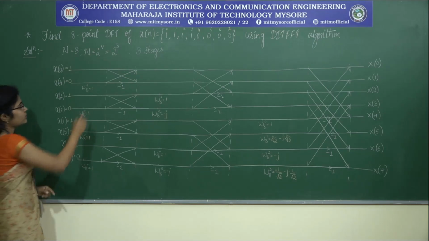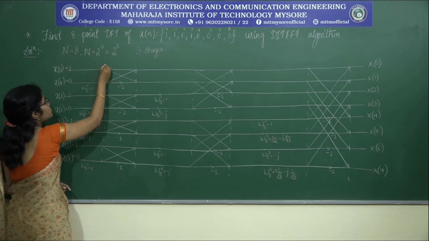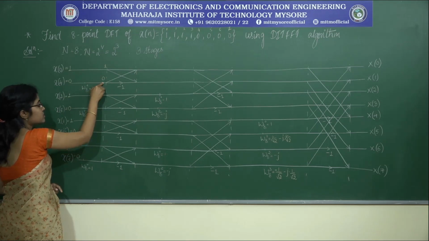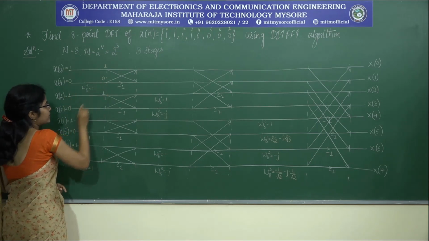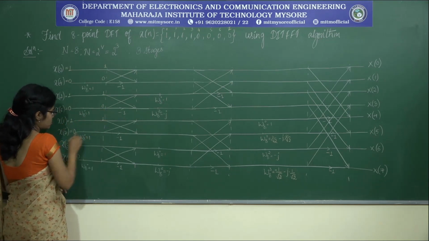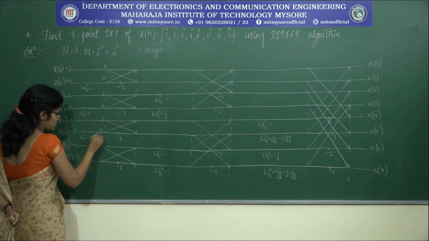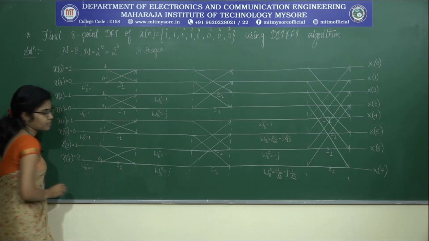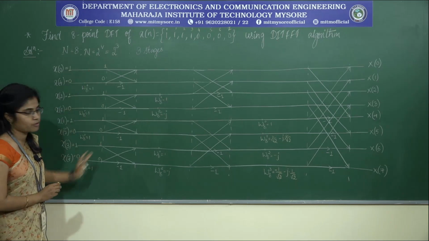Okay. Now what are the data at this particular point? So it is 1, 0, 0 multiplied 1 will be giving 0, 1 directly comes here, 0 into 1 is 0, 1 directly comes at this point, 0 into 1 is 0, 1 directly comes at this point, 0 into 1 is 0. Okay. We are ready with the input for first stage.